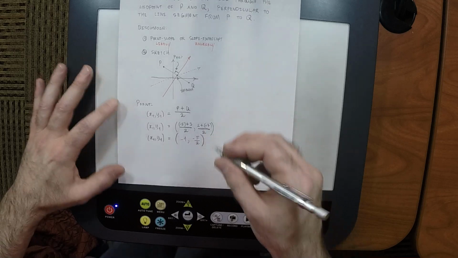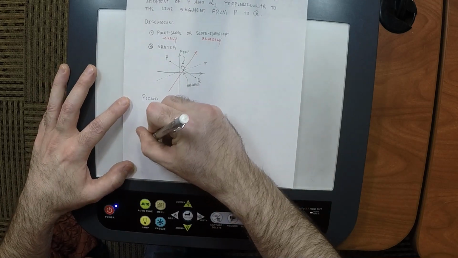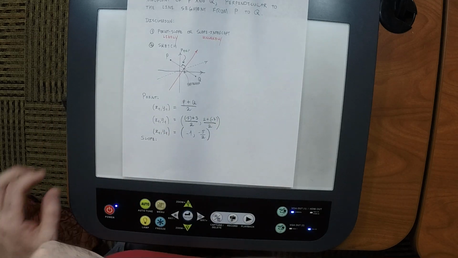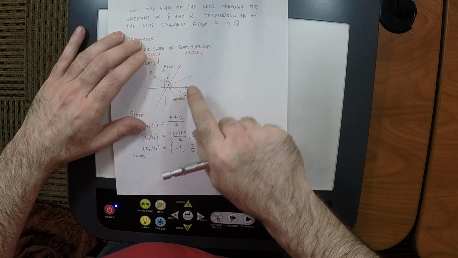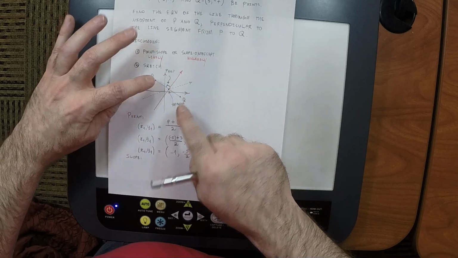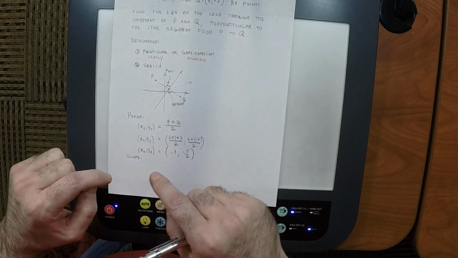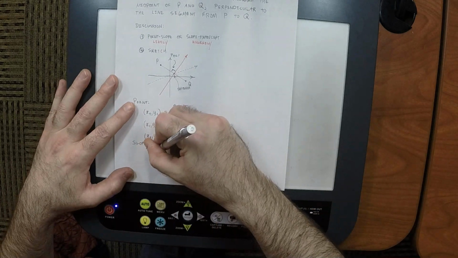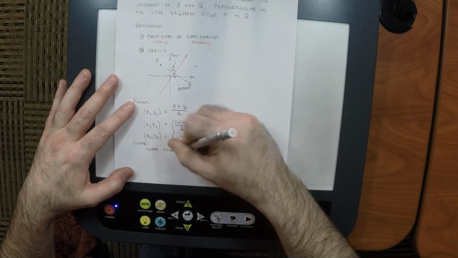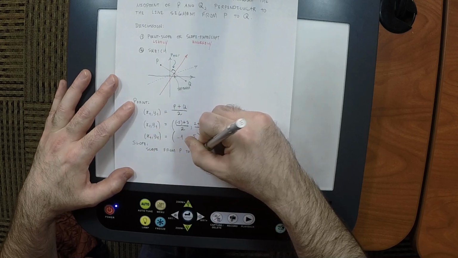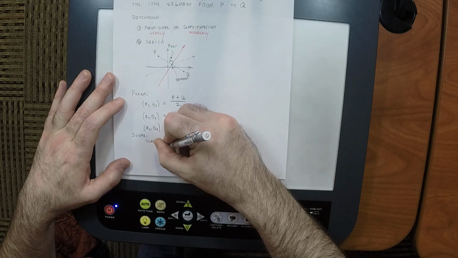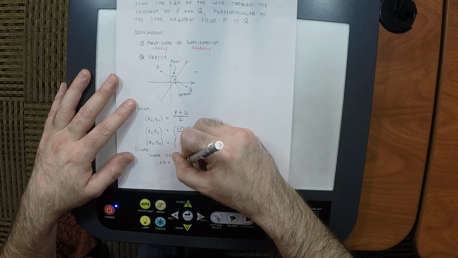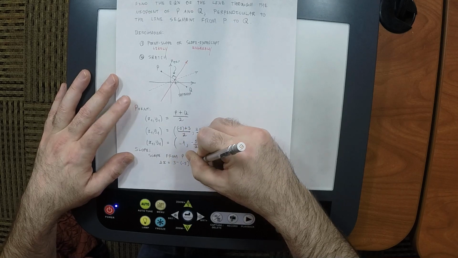Now as for the slope. This is going to be a two-step procedure. We're asked to use a slope which is perpendicular to that line segment. So the first thing I'm going to do is find the slope of that line segment, from P to Q. So delta x, the change in the x's, is 3 minus -5, which is 8.